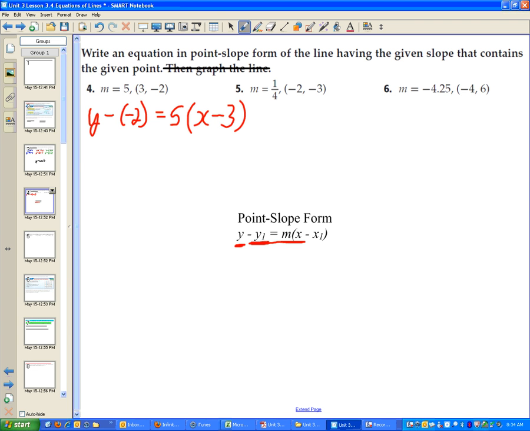Now, as far as I'm concerned, we have our equation in point-slope form. Okay? But doesn't it bug you just a little bit to have that minus negative? It should. You're used to simplifying things. So a preferred version of this answer would be y plus 2 equals 5 times the quantity x minus 3.